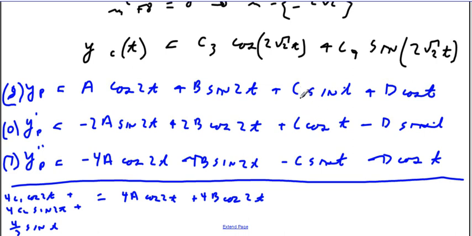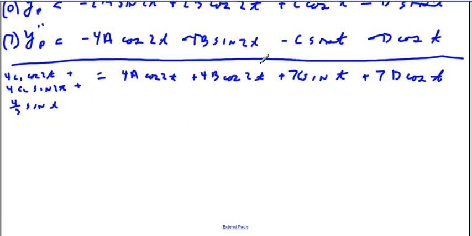I got 8 minus 1, 7, 7c sine t, plus 7d cosine t. Okay, that looks good. Alright, so my d has to be 0. My a has to be C1. My b has to be C2. And my c has to be 4 over 21.